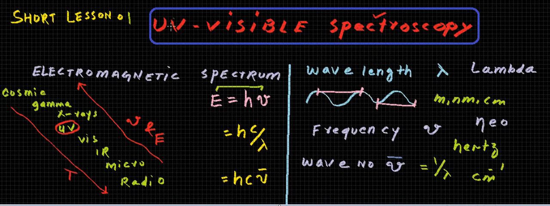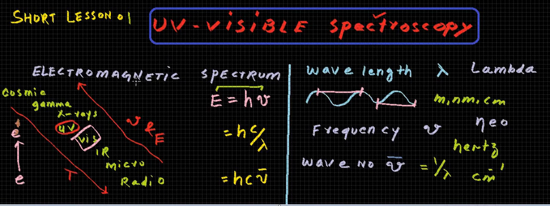Now if we refer to the ultraviolet and visible section of the electromagnetic radiations, we have the visible section which is next to the UV section. Both these radiation groups are able to interact with matter in such a way that they have the energy to excite an electron from a lower energy level to a higher energy level, that is an excited state, a high energy state.